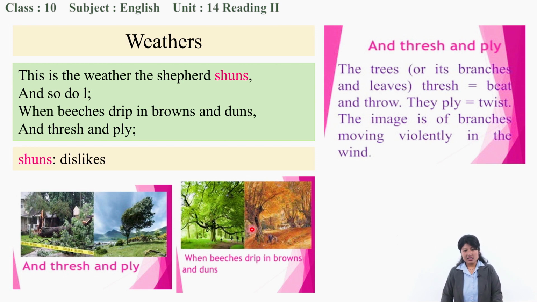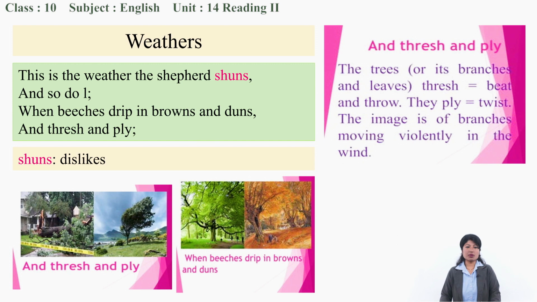As winter comes, see, it turns brown. Dun is also a brown color. They turn into brown color, which is very unpleasant, right? Then tress and ply. Tress and ply means the trees or their branches and leaves tress, they beat because of the heavy wind.